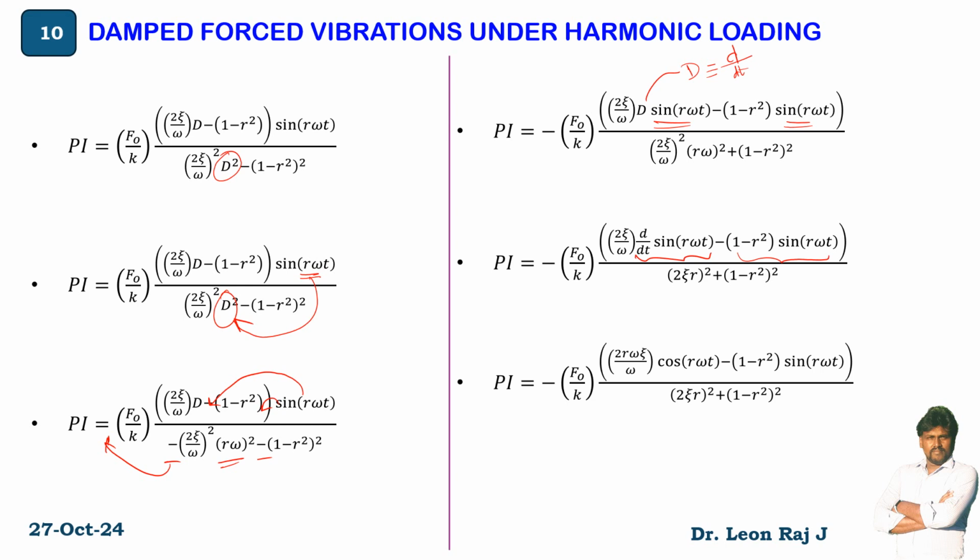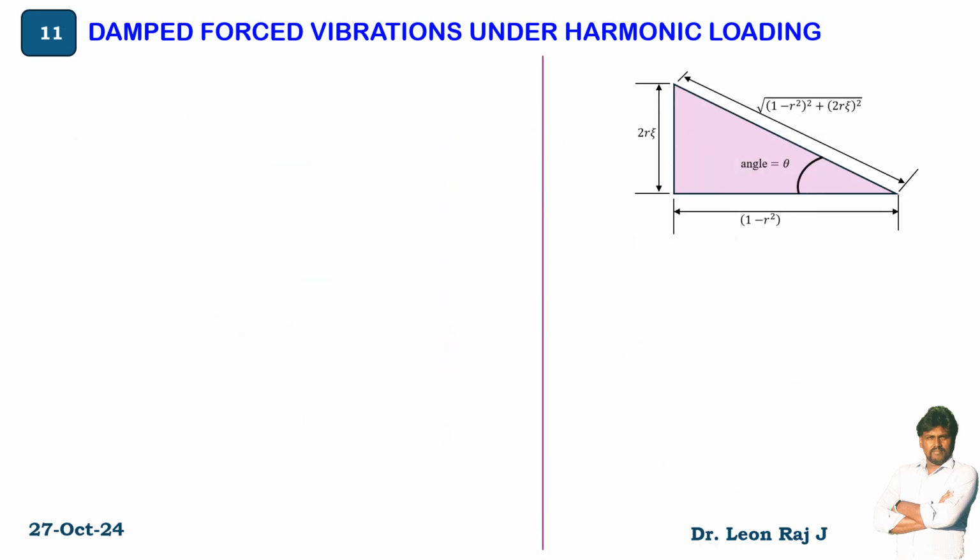So here the sine r omega t is differentiated as cos r omega t, and the term r omega is taken in the front, and this omega and next omega get cancelled. So your whole term looks like f0 by k minus 2 r xi cos r omega t plus 1 minus r square sine r omega t divided by 2 psi r square plus 1 minus r square.